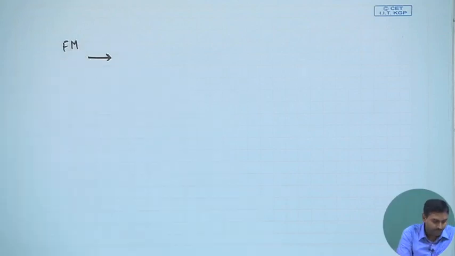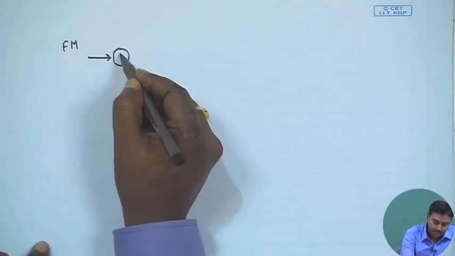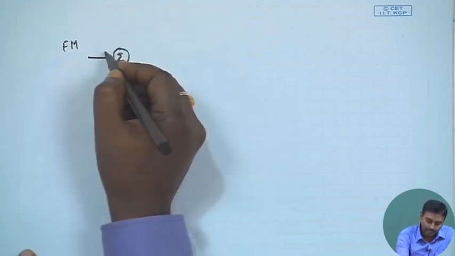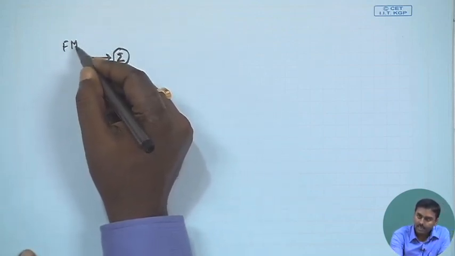So, let us first try to draw the receiver chain, that is probably the first task. So, I have the FM signal, that is the summation, this is the channel. Basically, the FM modulated signal I will be putting over here.